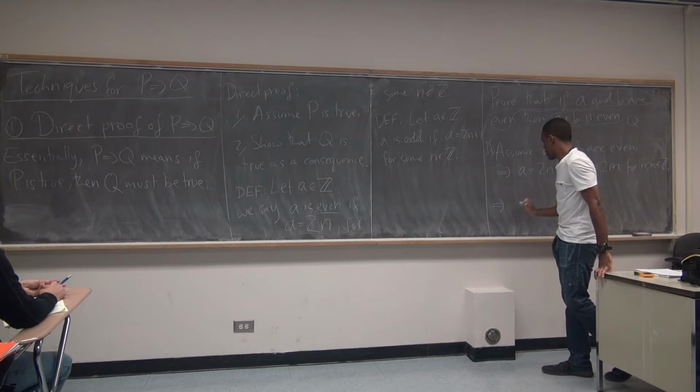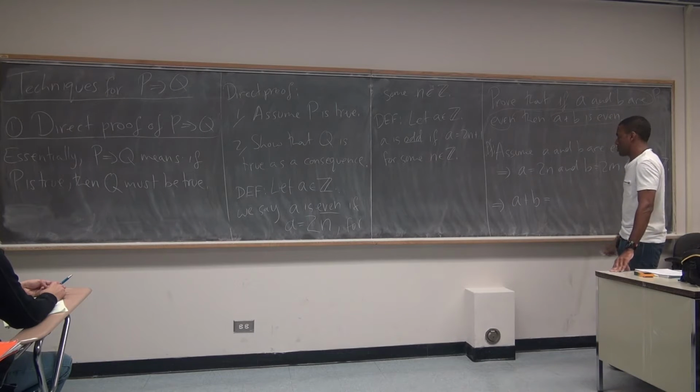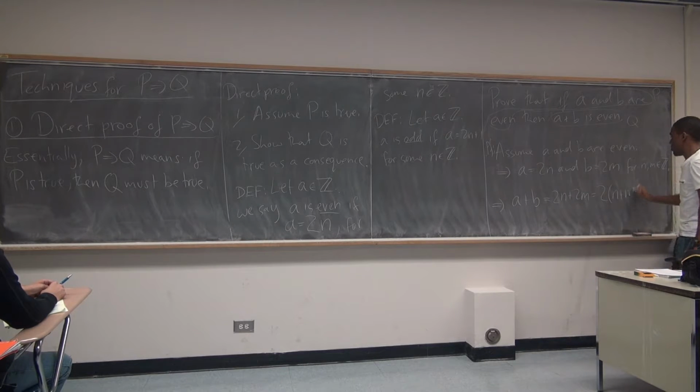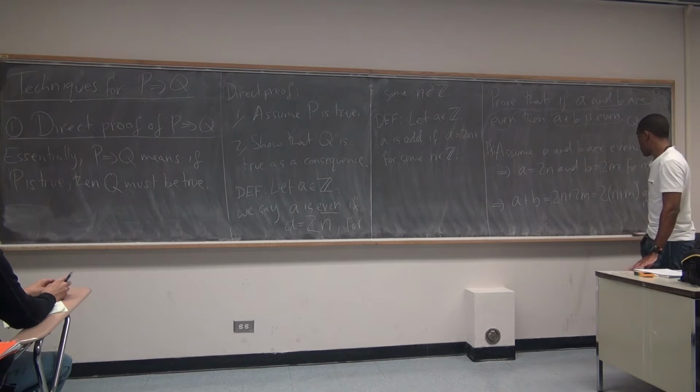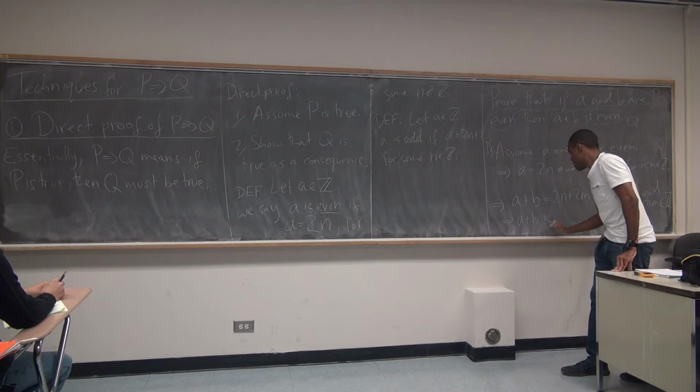Then A plus B would be equal to what? Well, 2n plus 2m, which is 2 times n plus m. And n plus m, the sum of two integers, is an integer. We know that the integers are closed under addition. So this means A plus B is even, right?